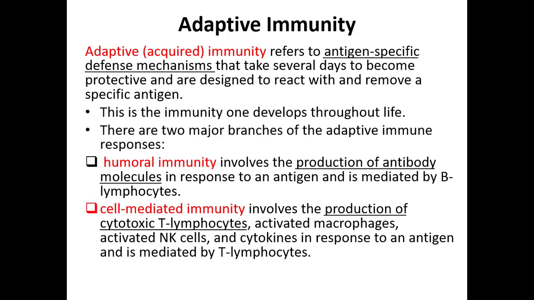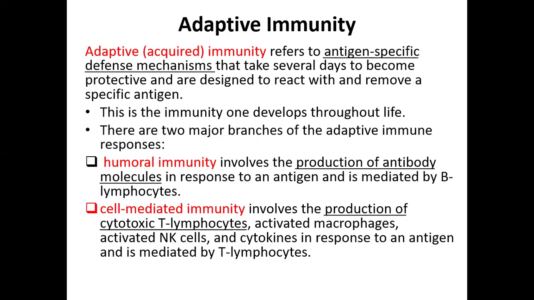This kind of immunity takes several days to become protective, so it is not immediate, and the work of adaptive immunity is to remove specific antigen. This is the immunity one develops through life. It's an individual experience.